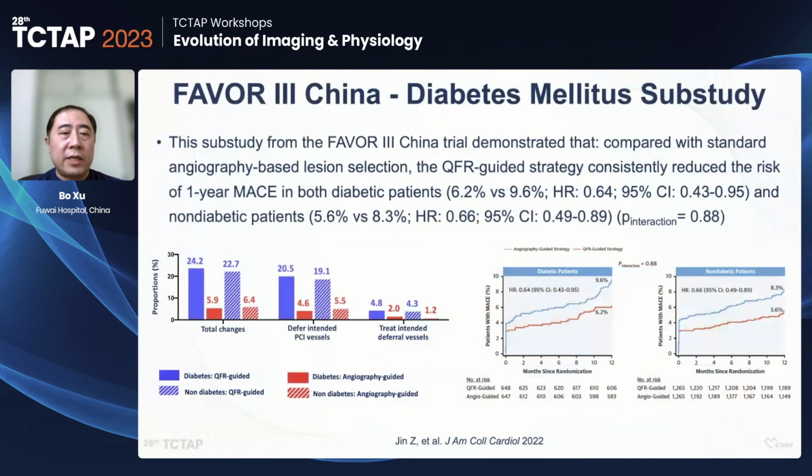A sub-study from FAVOR III China demonstrated that compared with the standard angiography-based lesion selection, QFR guidance consistently reduced the risk of 1-year MACE in both diabetic and non-diabetic patients, with a similar relative risk reduction.